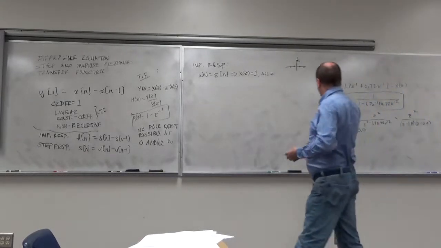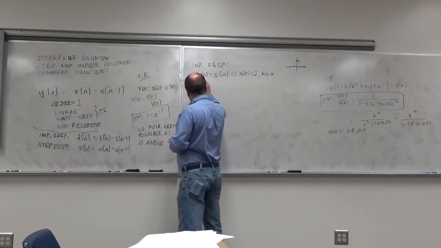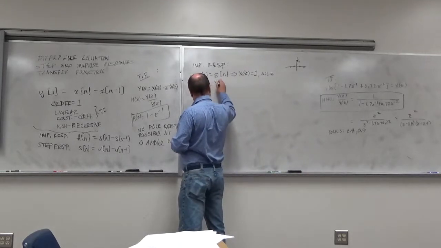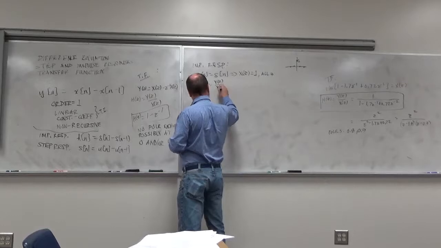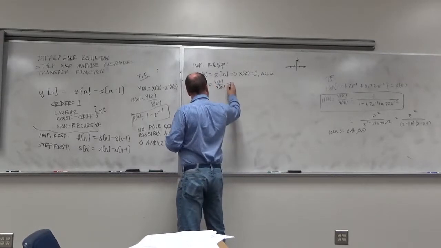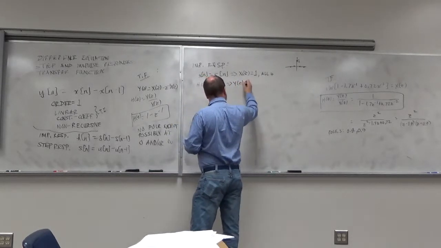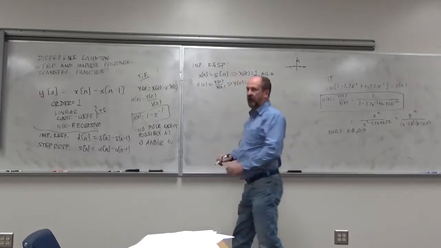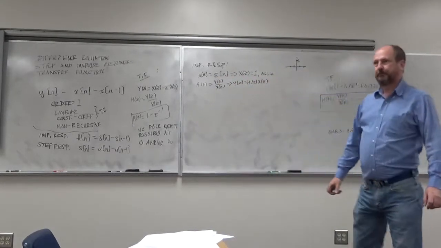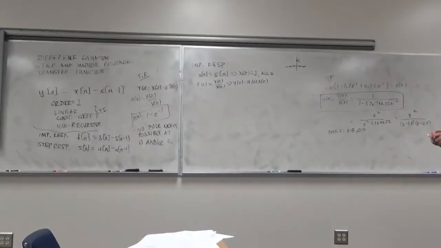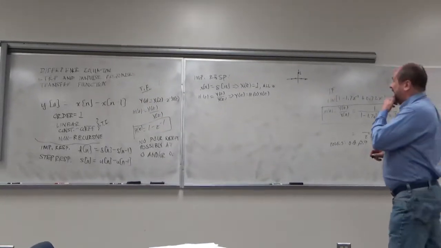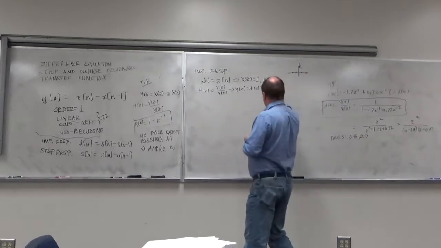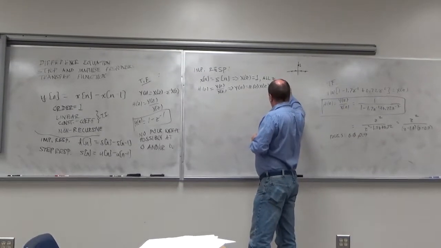So, now we know if the transfer function is Y of z divided by X of z, then that means that Y of z is H of z times X of z, because that's just an algebraic manipulation. Right? All right, and if X of z is 1, that turns out to just be H of z.